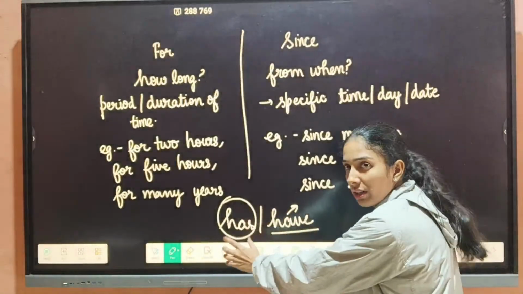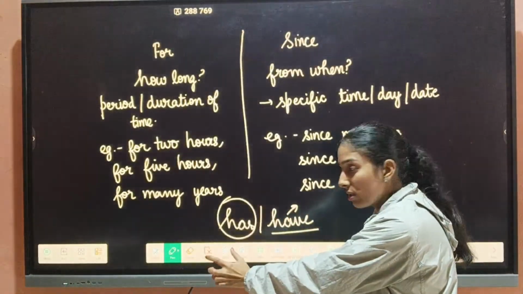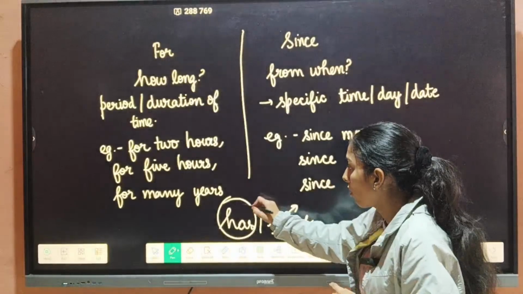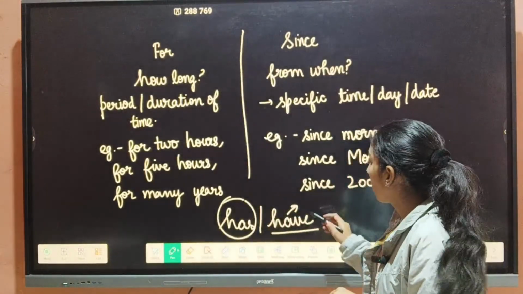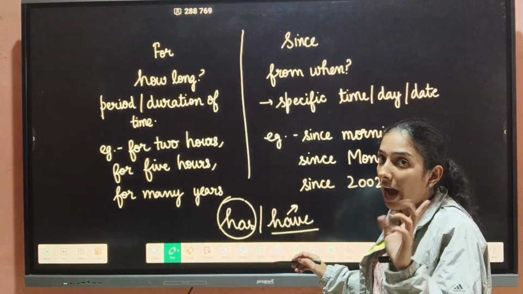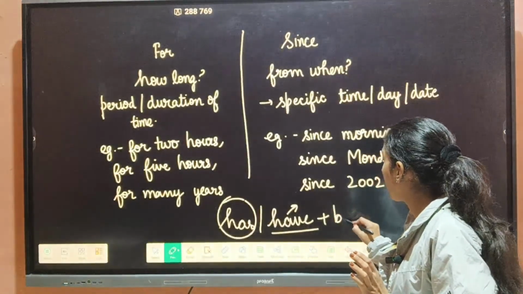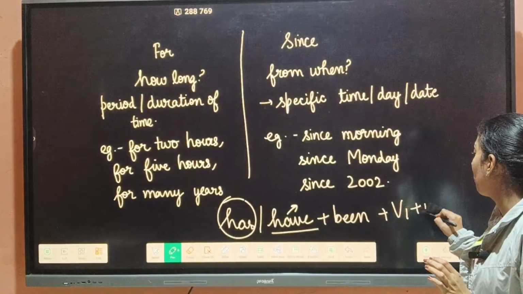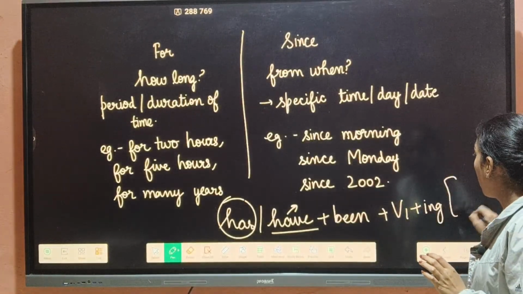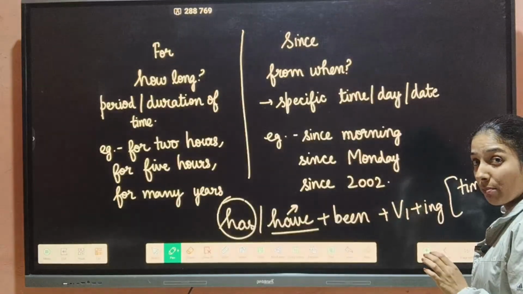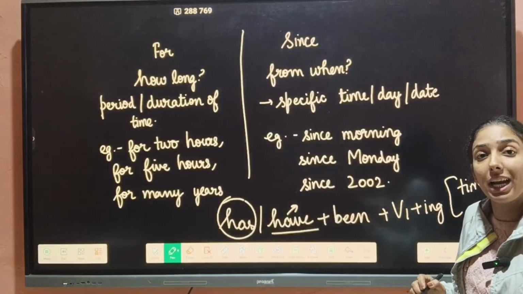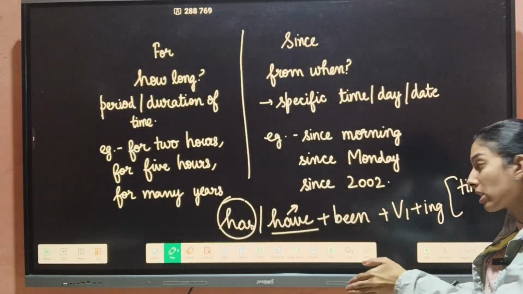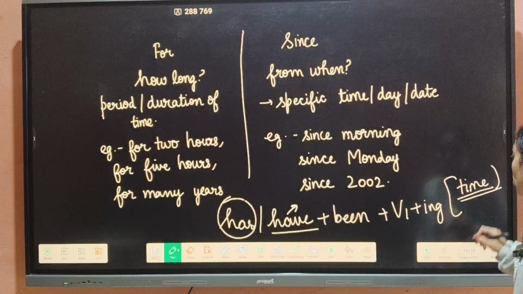Singular noun is there, singular pronoun is there, one person we are talking about, has will come, plural and I, have will come, plus been, okay, plus verb first form plus ing. Along with it, time will also come, okay, because we are showing an action which has started but it is still continuing. So time will also come.